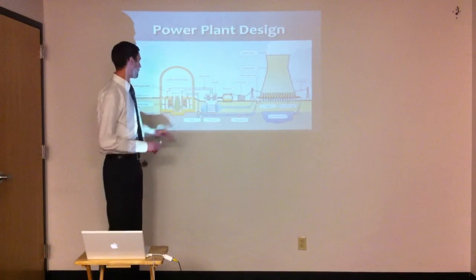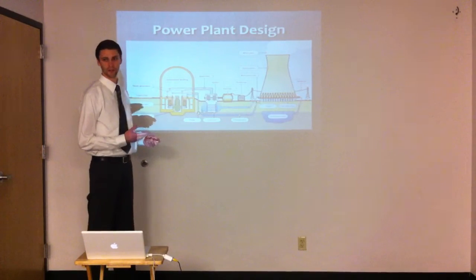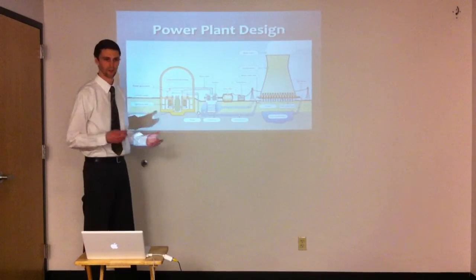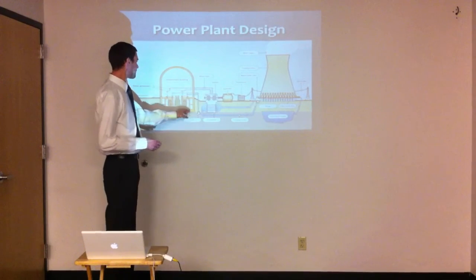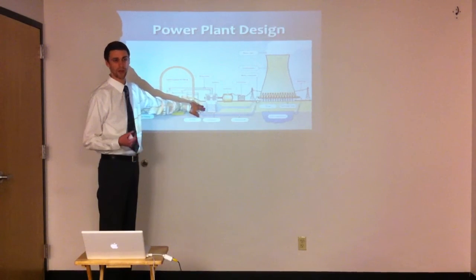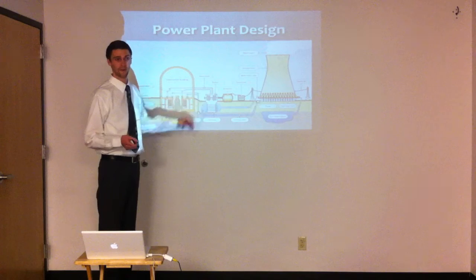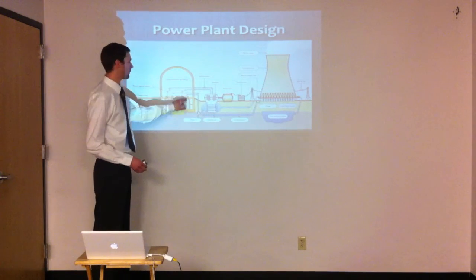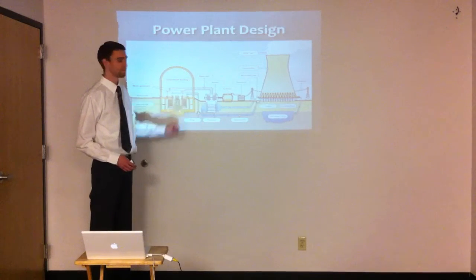Then we have to recycle this water, because they don't want to just use water and throw it back into the environment. So it's very self-contained. This steam is run through a condenser, which is basically pipes that are filled with cold water that this steam condenses onto. Then that's captured and run back over to these steam generators.